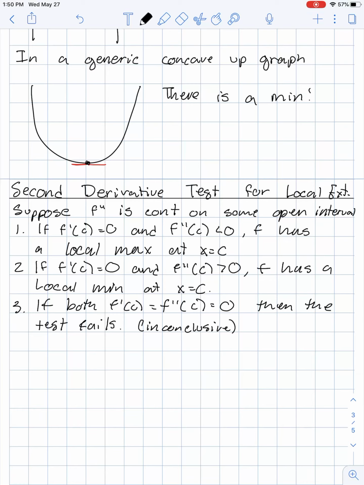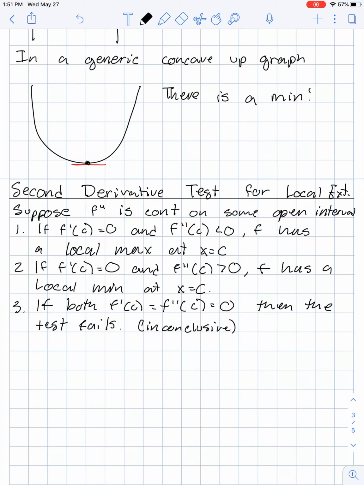Then I would probably revert back to the first derivative test, which won't be too bad because I already have the first derivative. That's how I got the second derivative. If you like the first derivative test more, do that one. I usually do just because it doesn't really have a chance of failing. And sometimes it's kind of hard to find the second derivative, but when I need to find concavity, I already have to find the second derivative.